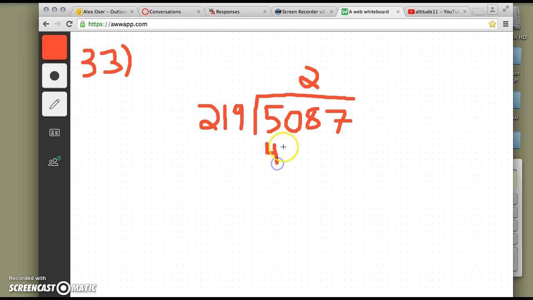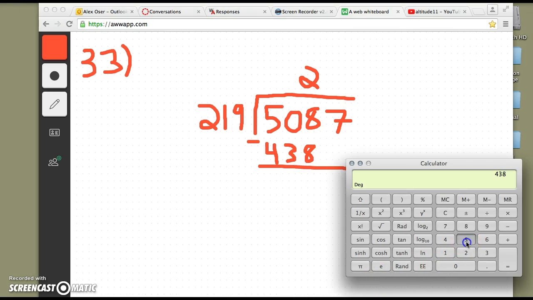So if you recall doing this in the past, we write the 438 underneath 5,087, and then we subtract. So we take 508 and subtract 438. 508 minus 438, we are left with 70.